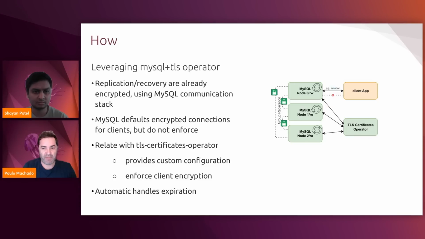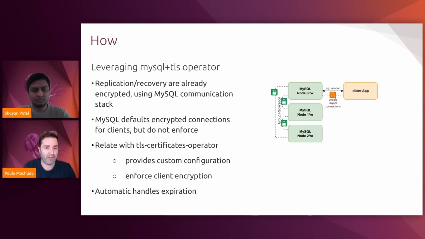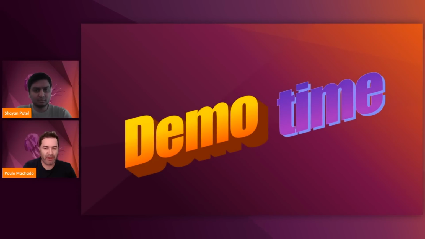By default, the MySQL server does not enforce encryption. So if it's not explicitly configured by a client, it will enable encryption, but if not, it can allow unencrypted connections. So let's check out how to do that again with a quick demonstration.